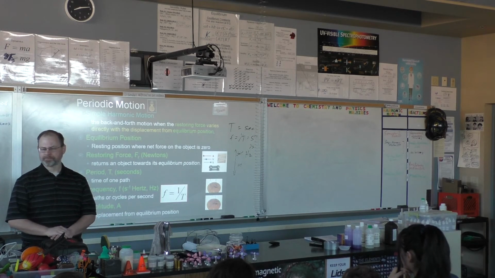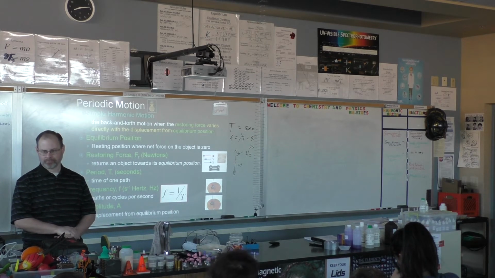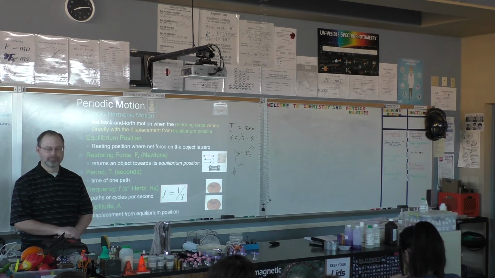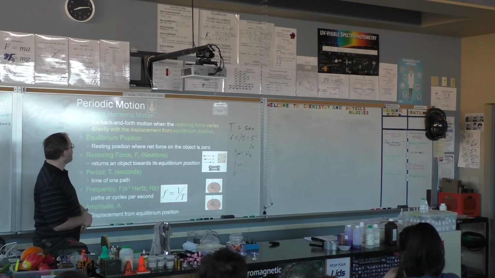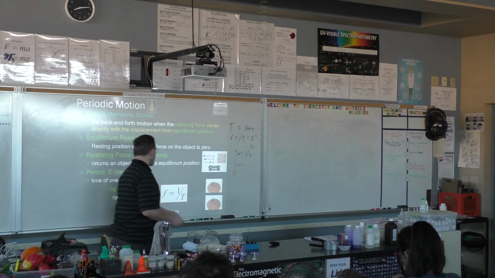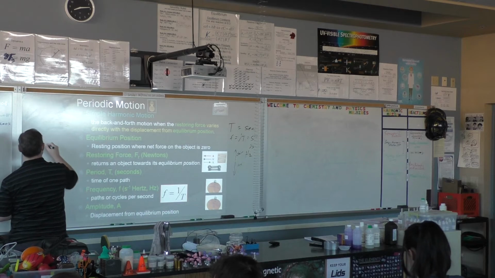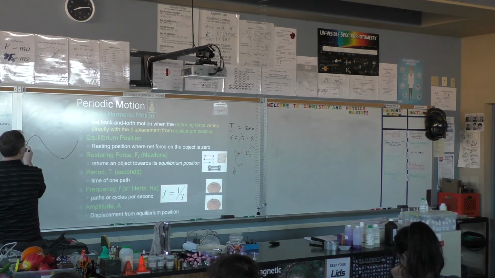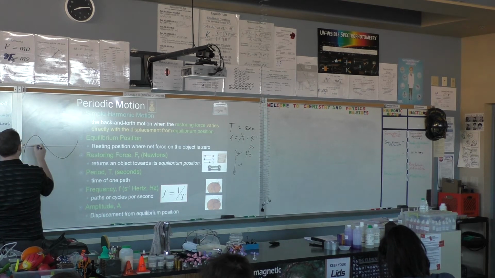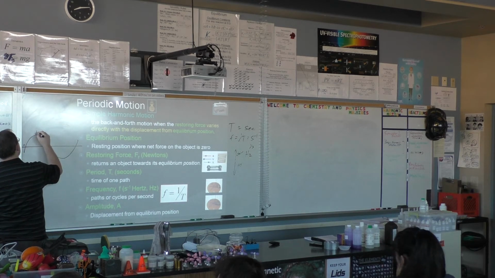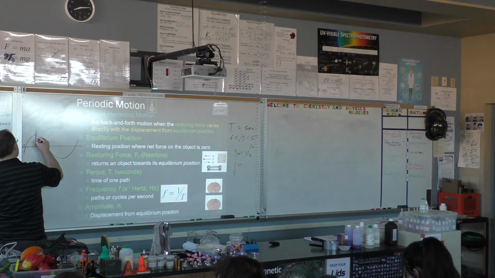If you're looking at a graph like this, where this is 0, versus time or versus distance, the amplitude is from the top of it to the middle. That's the amplitude.